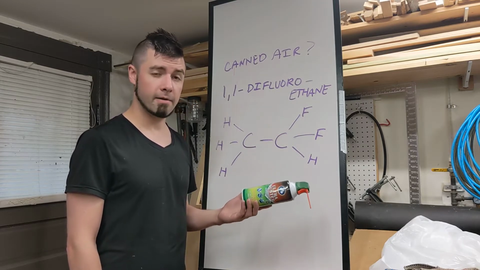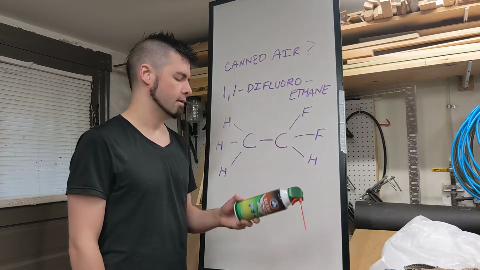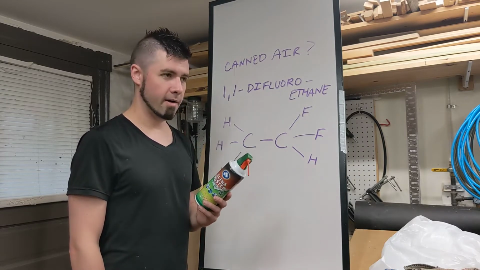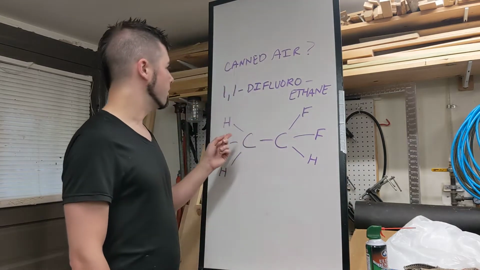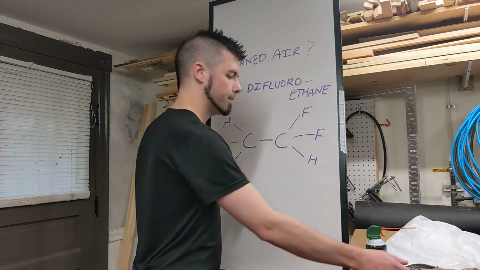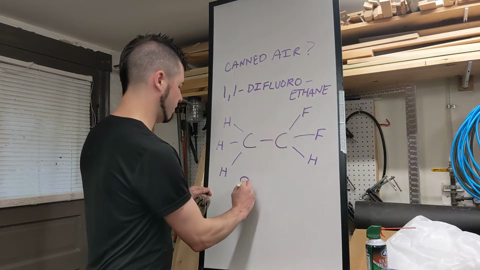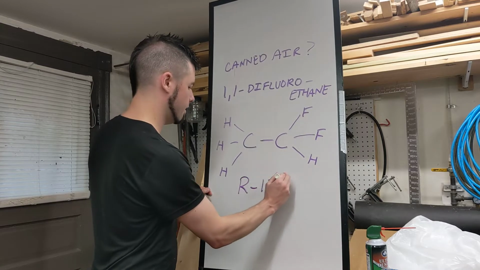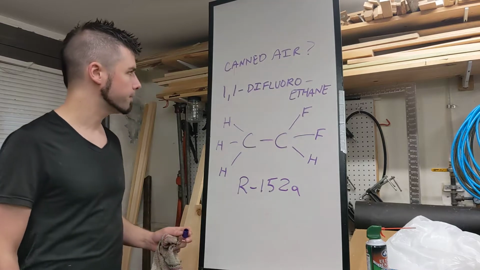And air duster, gas duster is probably the right term for this, because it's not air, it's a gas, but it isn't air. So, 1,1-difluoroethane. This gas is also commonly referred to as R152A. In the HVAC industry, that's what they would call this.